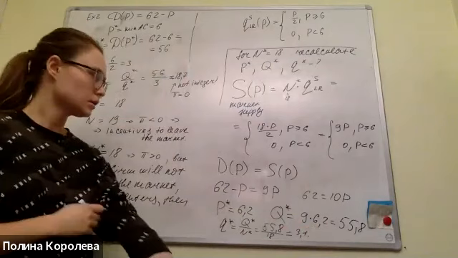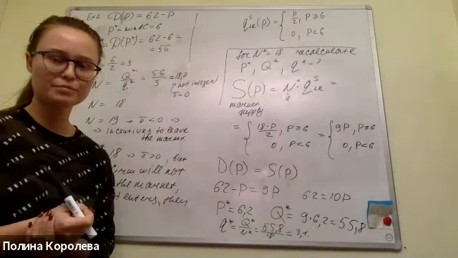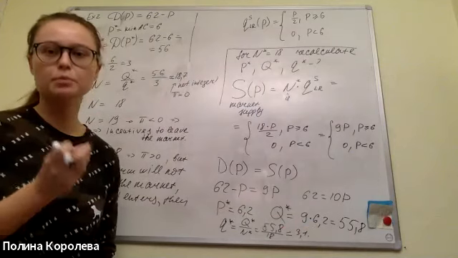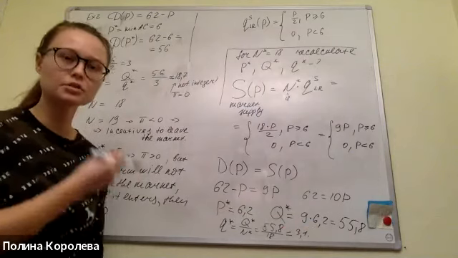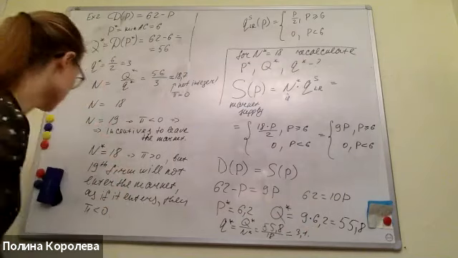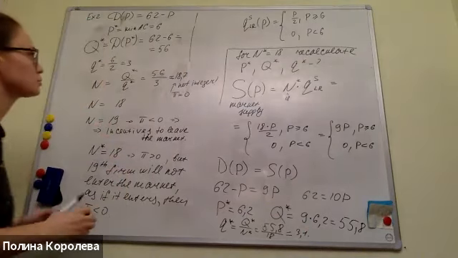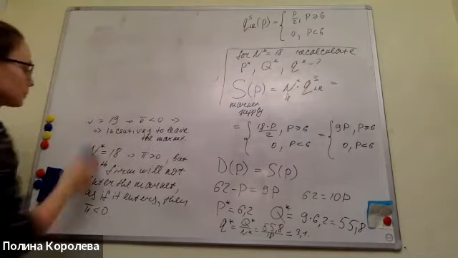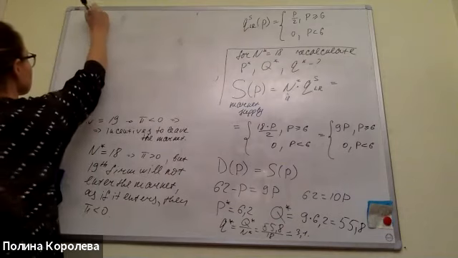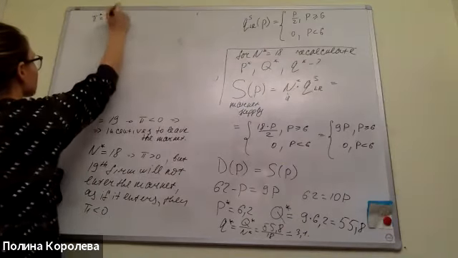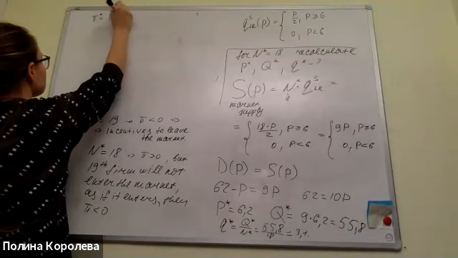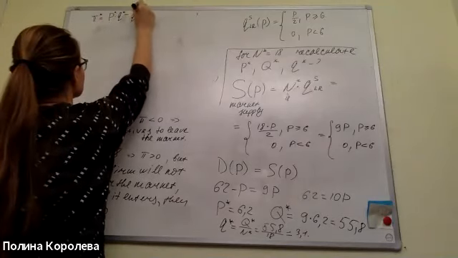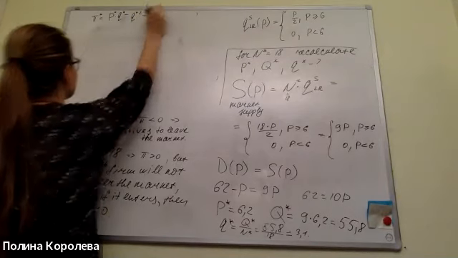Also, you can calculate the profit of each firm and be sure that it is small but positive, because we have an integer number of firms. Let's calculate it to be sure. Profit of each firm is equilibrium price multiplied by equilibrium quantity minus total costs, minus Q square minus 9.